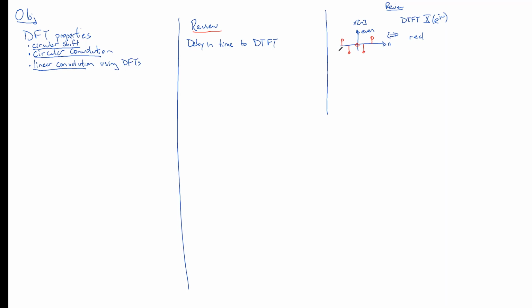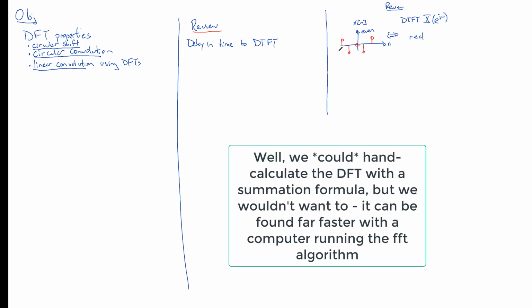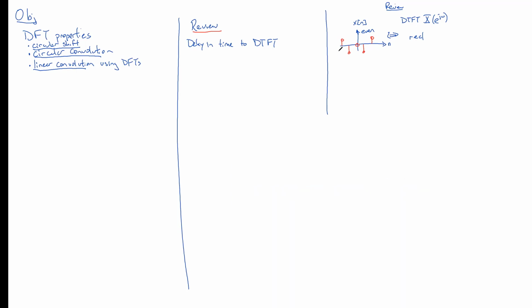But the DFT, we can't hand calculate. The DFT is something done by MATLAB. And MATLAB always just assumes that your first sample begins at time equals 0. That's what DFTs do in general. You can compute the DTFT of an infinite length x of n, but the DFT computed using the FFT is always finite length, and it always begins at n equals 0.